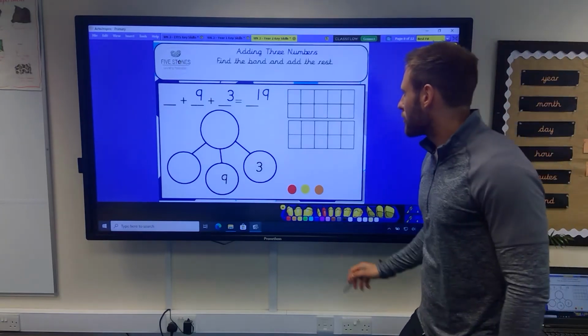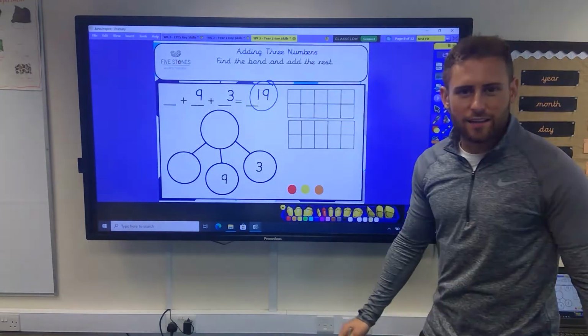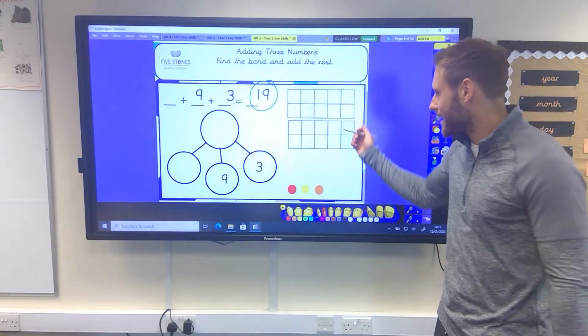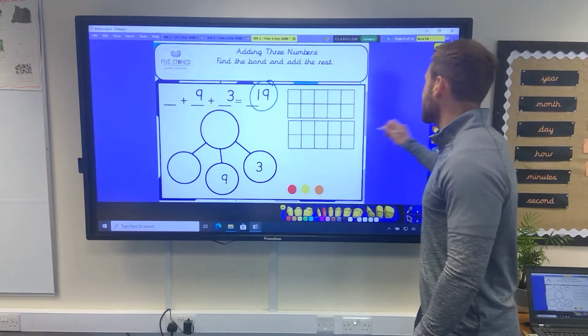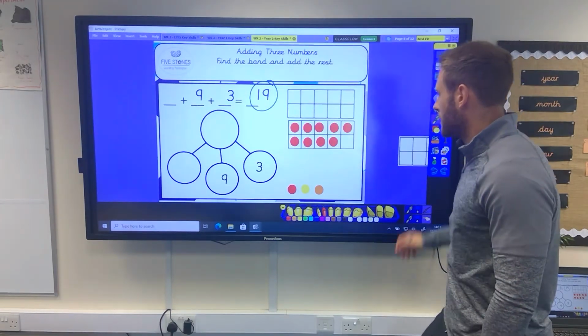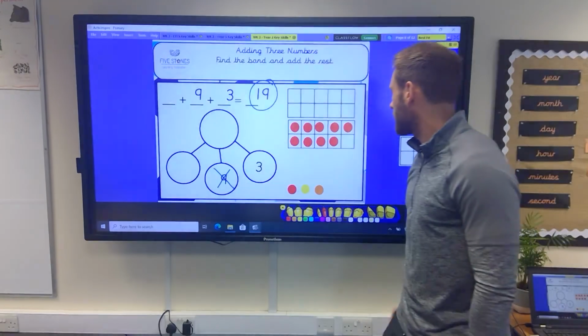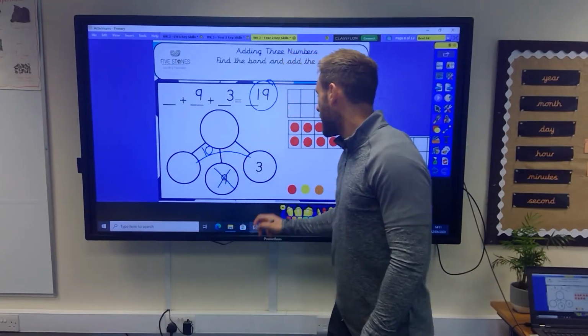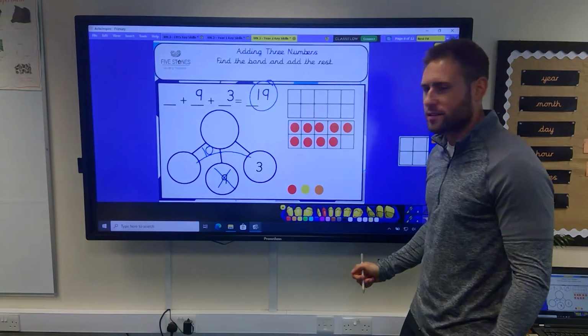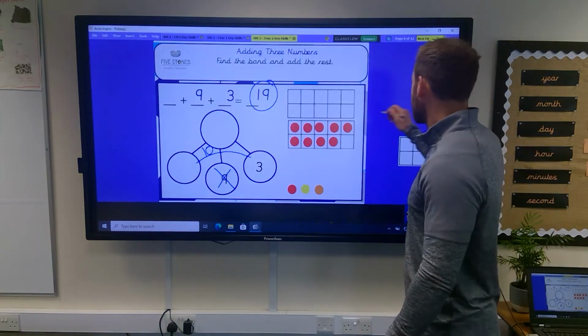Right, so when we look at our whole of 19, what does 19 look like in our tens frame? We completed 10 and 9. Lovely, so we've got our 9. How did I get that completed 10 when I've got the part of 3? What could my other part be?